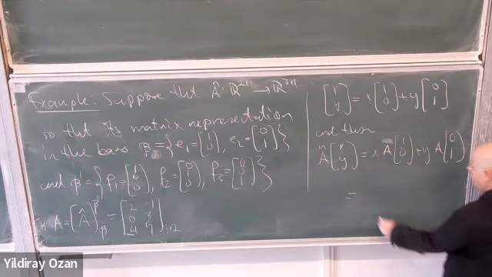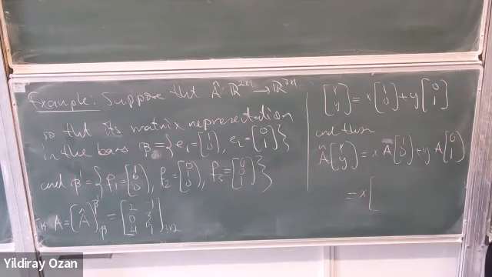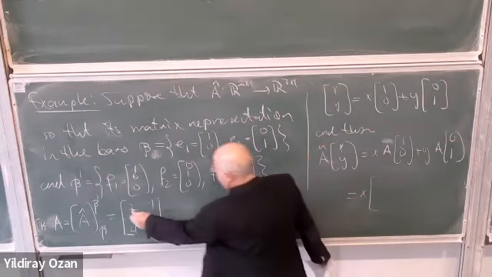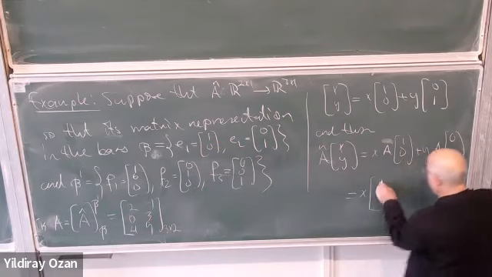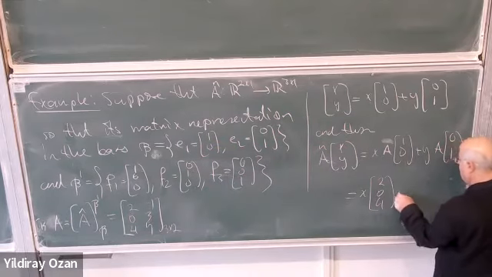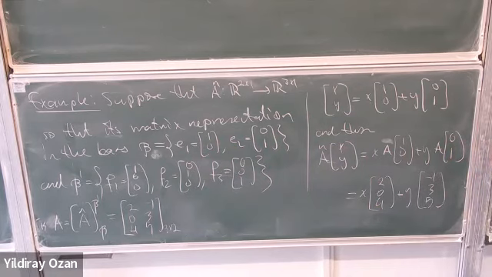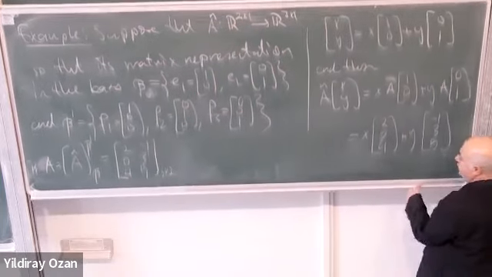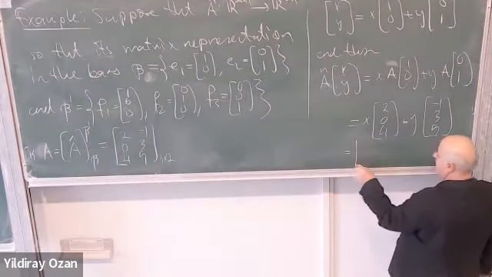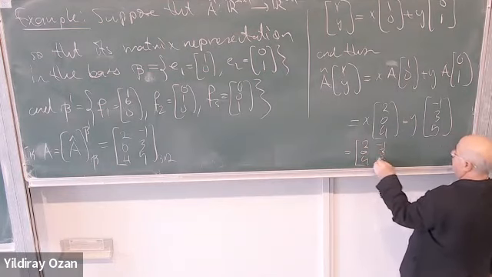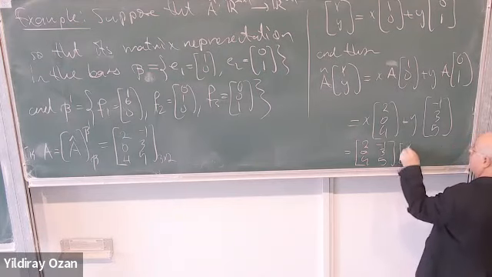So this is just x times what? (1, 0)'ın görüntüsü nedir? (2, 0, 4) değil mi? (2, 0, 4) artı y çarpı (-1, 3, 5). Ya da bu tabii ki, this is nothing but actually this matrix: (2, -1; 0, 3; 4, 5) times (x, y).